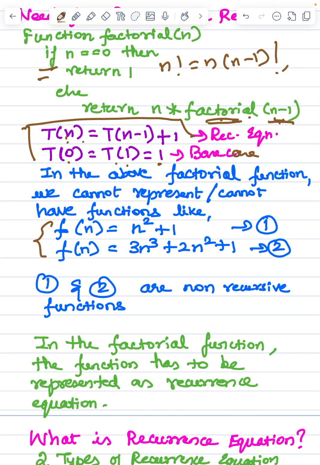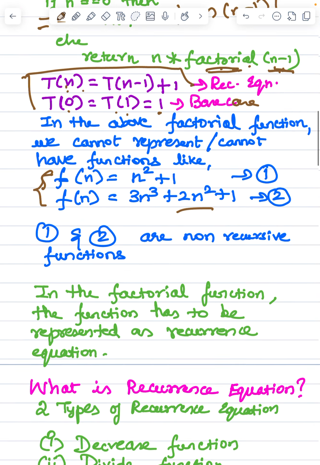When the term has been defined by its previous term, those functions are called recurrence functions. We cannot have functions like n square plus 1 or 3n cube in a recurrence relation.